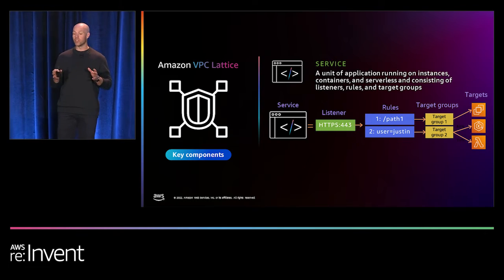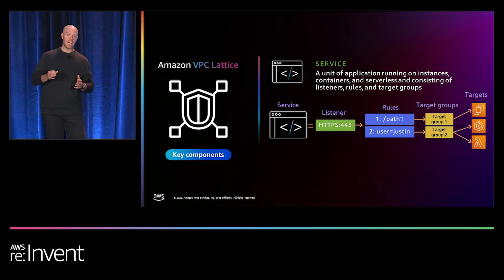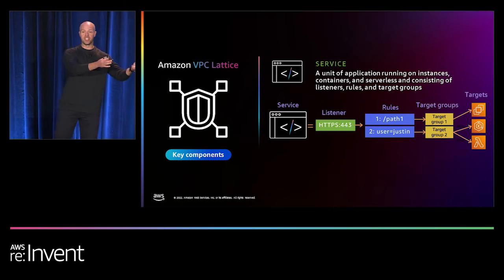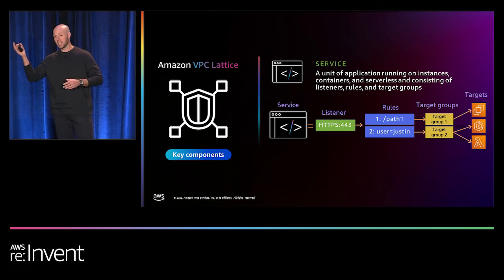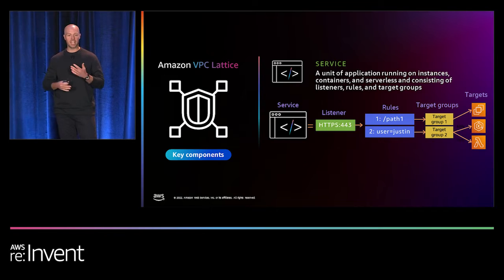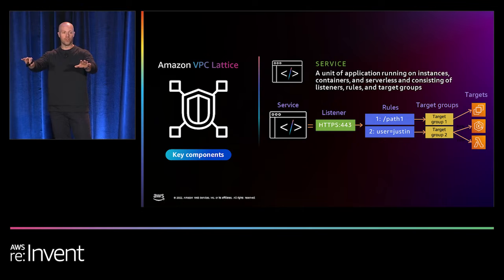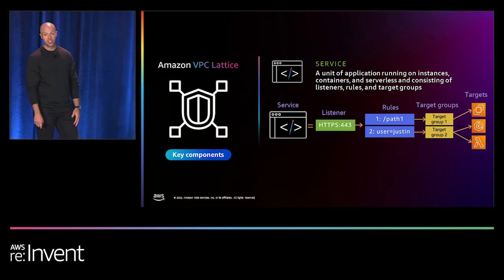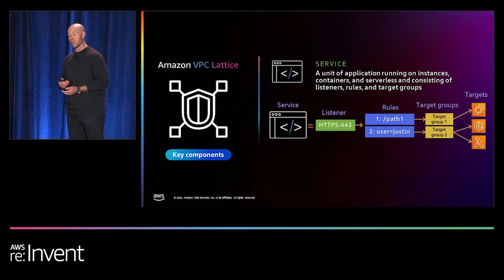So if you have a rule that specifies /path1, go to this set of EC2 instances, and /path2, go to this Lambda function, you can get that mixed environment. The target groups are how you group those services, and these can be auto-scaling groups, IP addresses, instances, Kubernetes pods. So it's a wide range of things that you can do there. And we'll go over some of that as well.